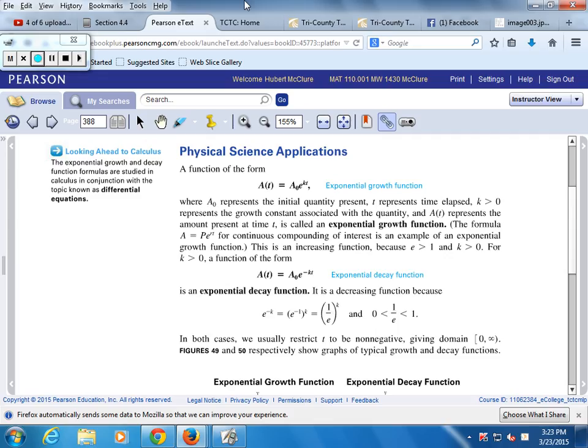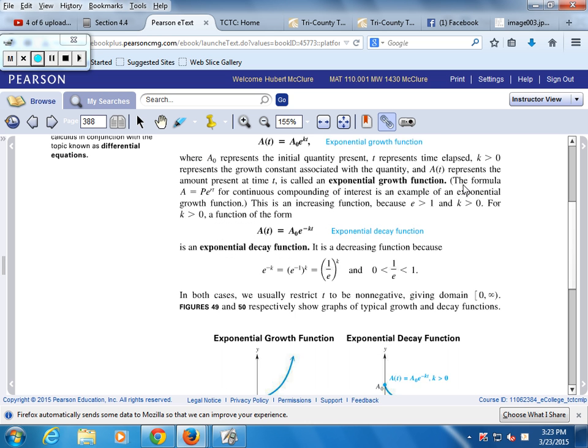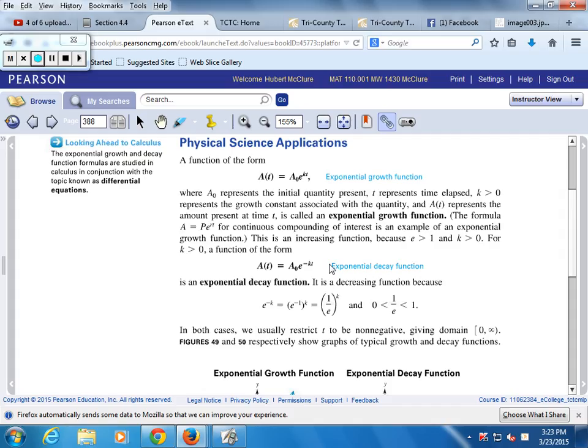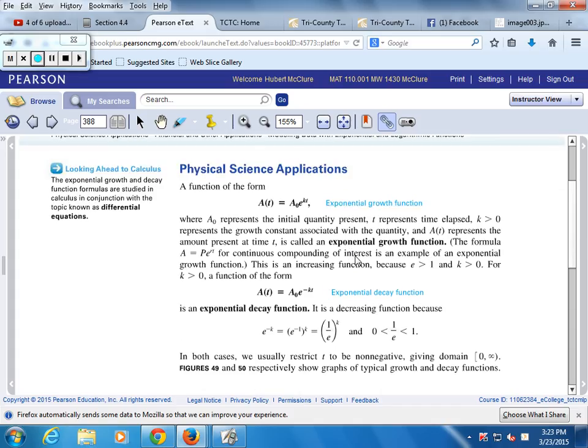So we don't want to work that into our business model. And there are the actual graphs of the functions. I'm not going to spend a lot of time with that. One is good, the other one isn't so good.